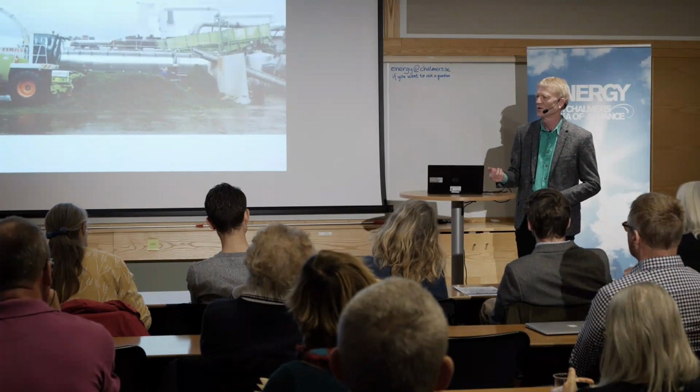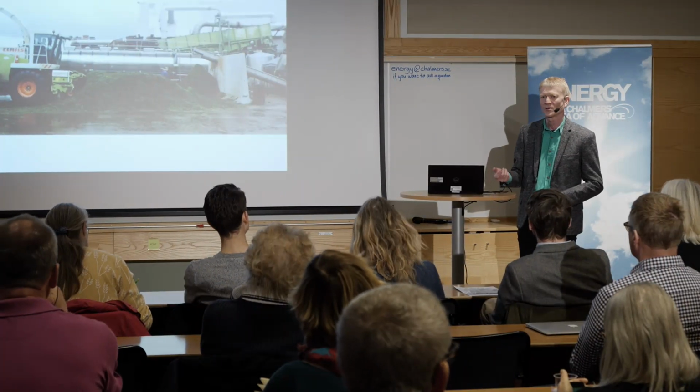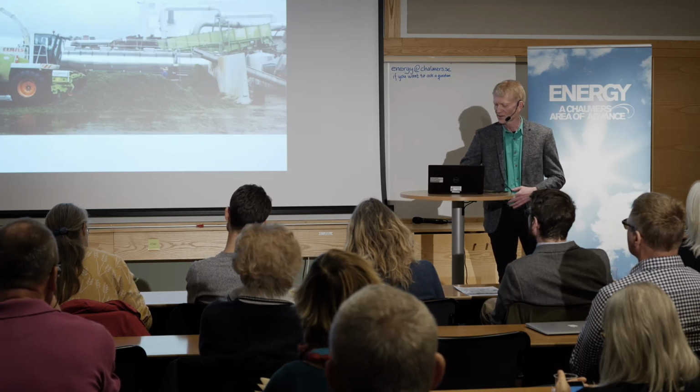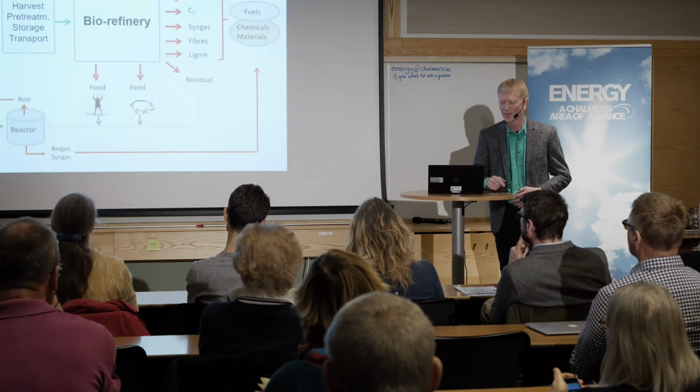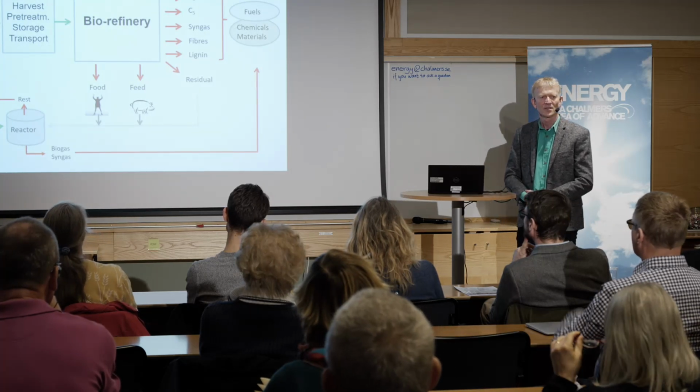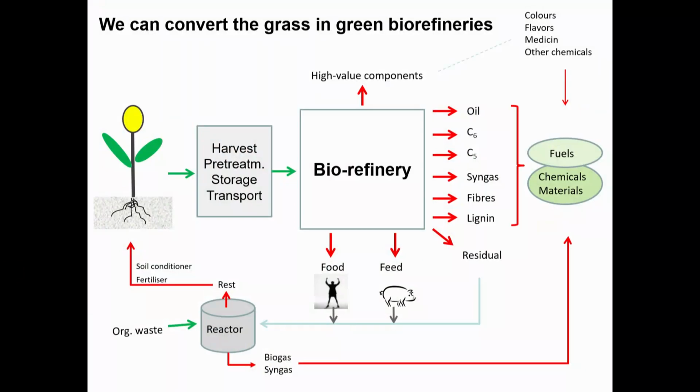So if we should change primary agricultural production into something else, we should create a market, and we should look into new biotechnological methods to improve our use of the whole system. My answer to that question would be that we should convert this grass in green biorefineries.